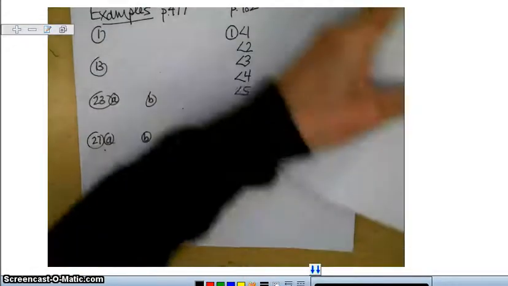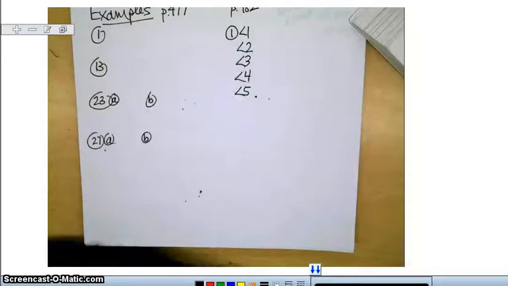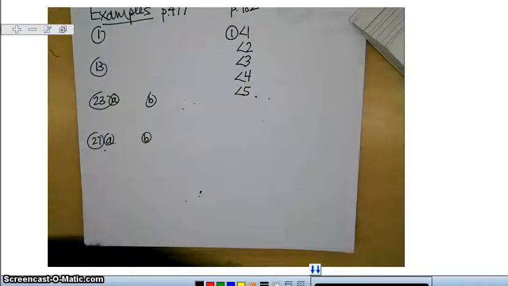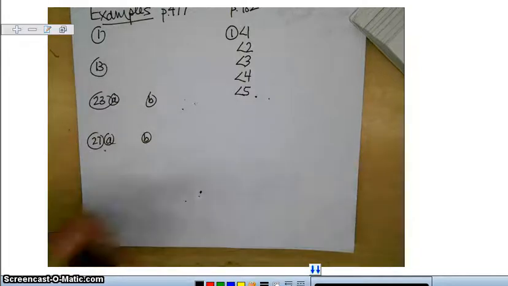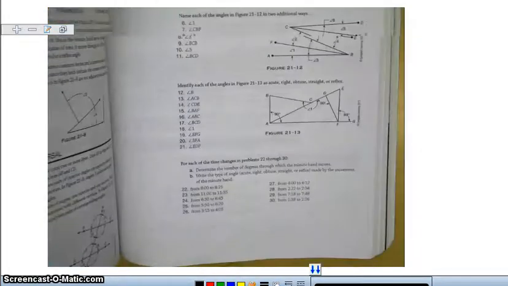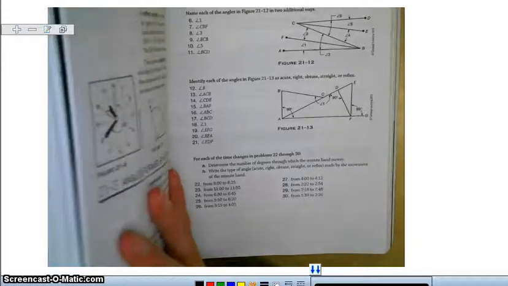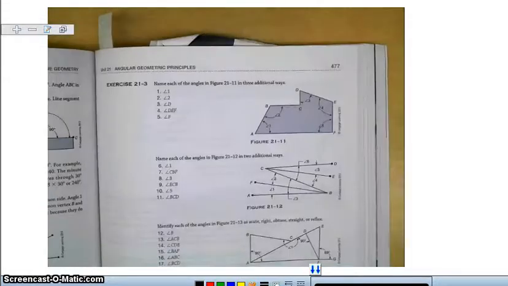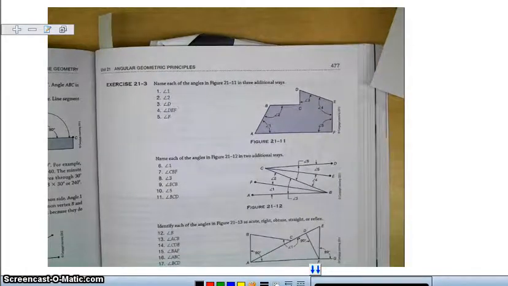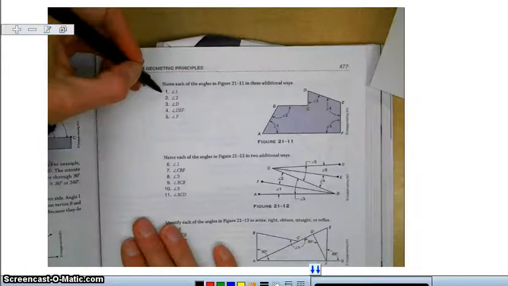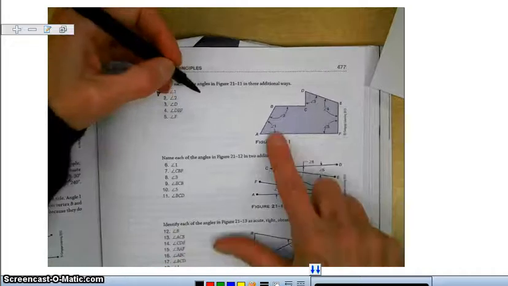So our examples are going to come from, first of all, page 477. So page 477 you should be looking at, and we're going to look at number 1. So I'm probably just going to write right here in my book for this. So we're just looking at number 1, and basically all we want to do is name these angles in 3 additional ways. So number 1, here's angle 1.